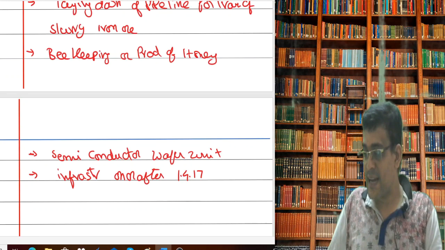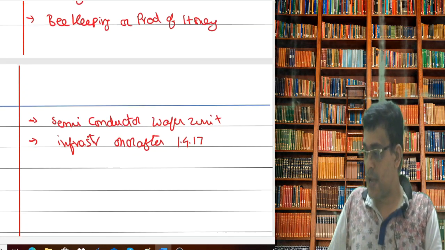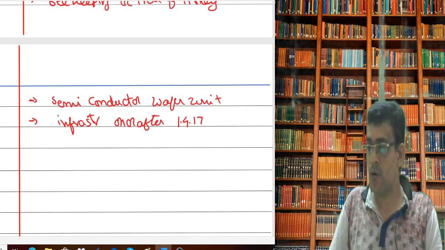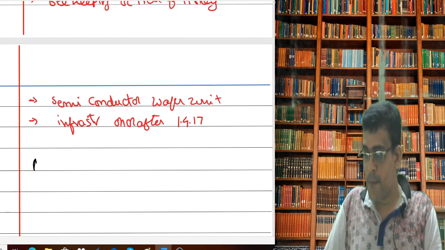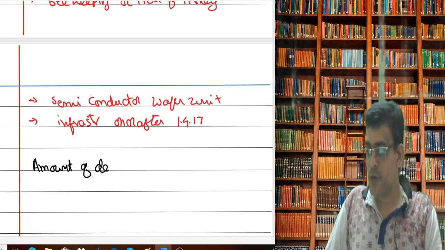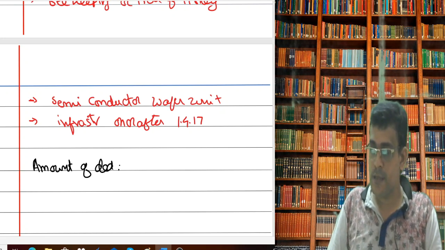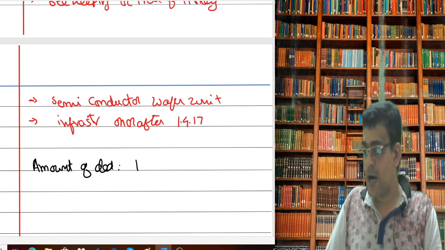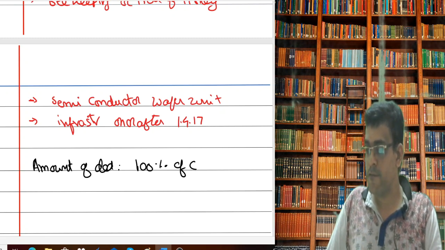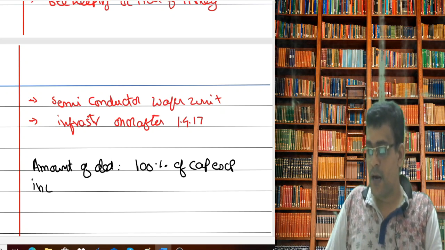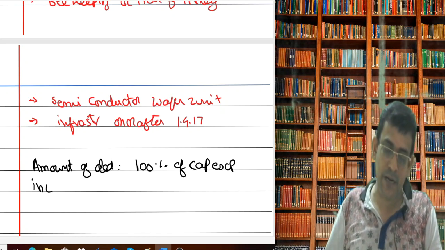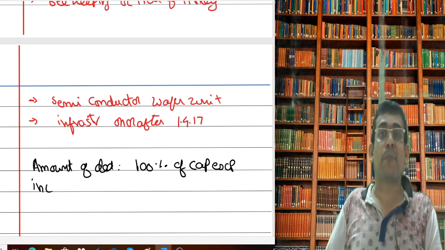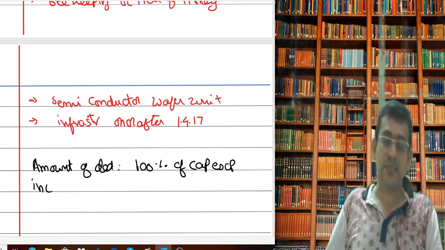Now, what is the amount of deduction? In this case the Act clearly says 100% of capital expenditure incurred for the purpose of the business is allowed as deduction.